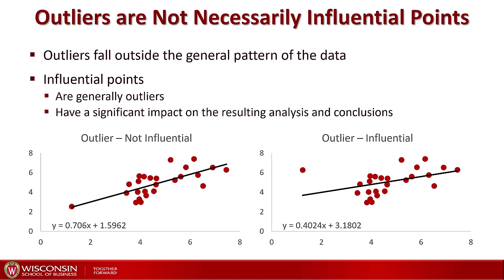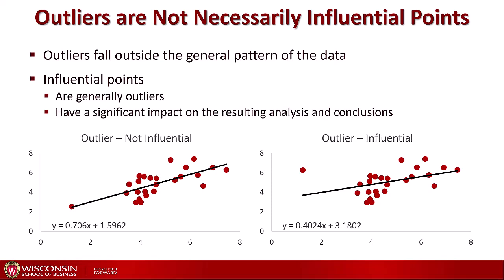I want to make one additional point with respect to outliers. That is, outliers are not necessarily influential points. Influential points are points that have a significant impact on any resulting analysis or conclusions that we're going to draw.